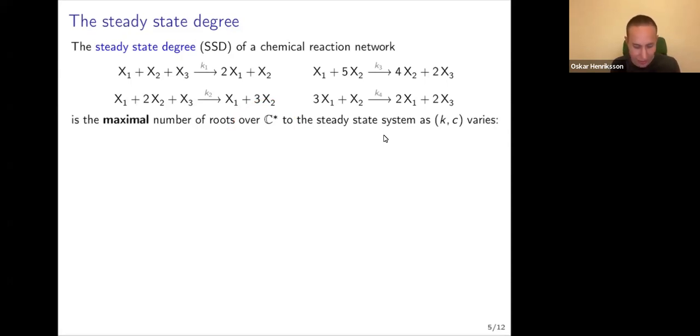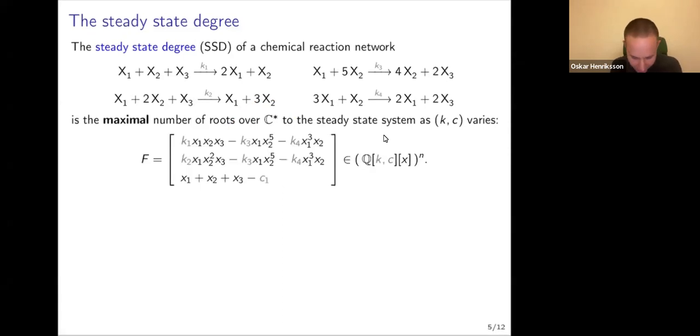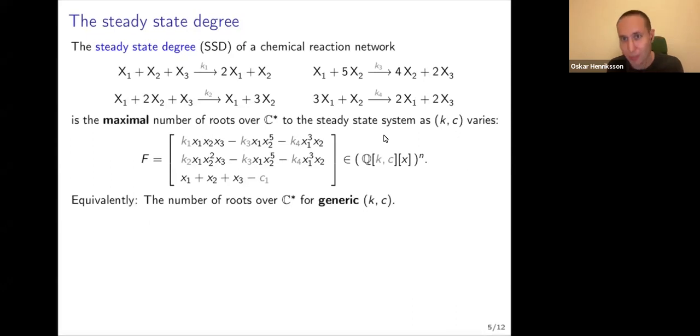So the steady state degree is the maximum number of complex roots over the non-zero complex numbers, and equivalently, it's also the generic number. That's also something that Elizabeth explained to us, that the steady state degree is what happens if we plug in generic values of the random parameters.